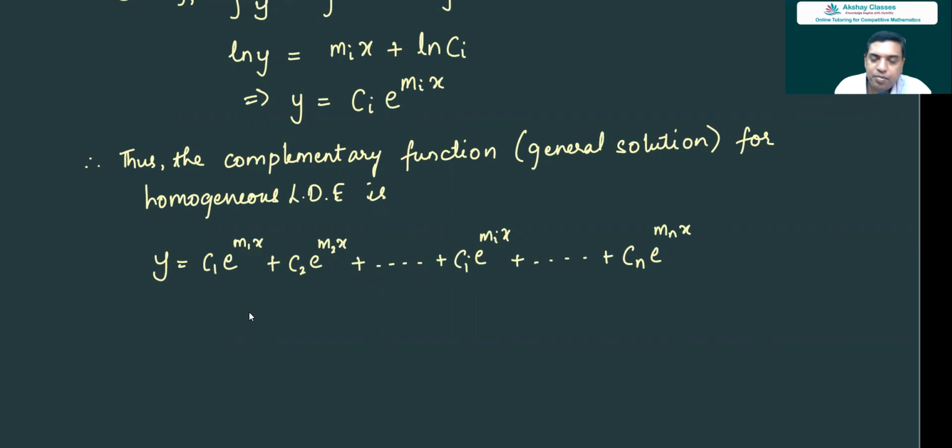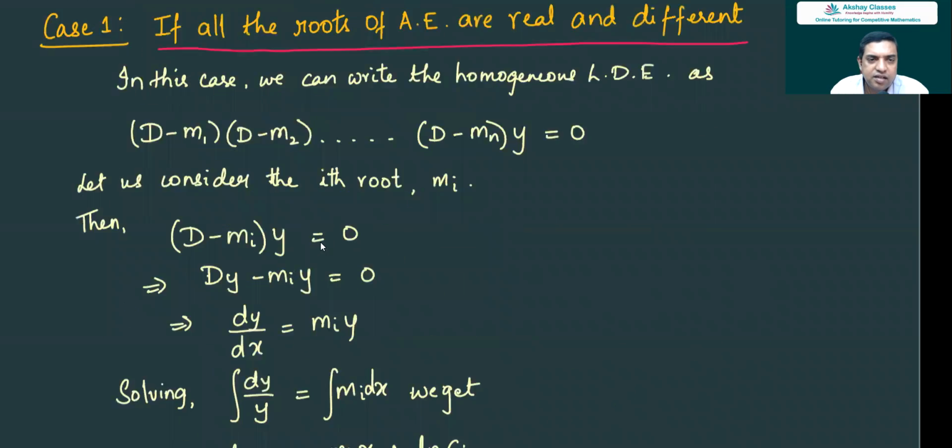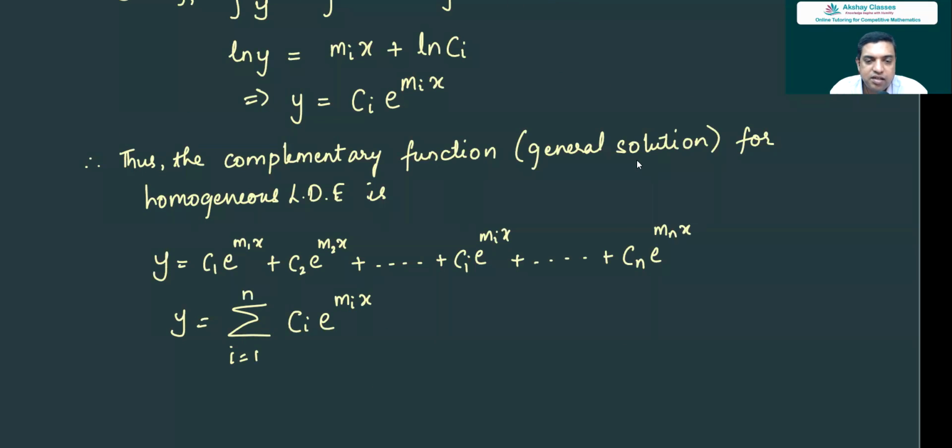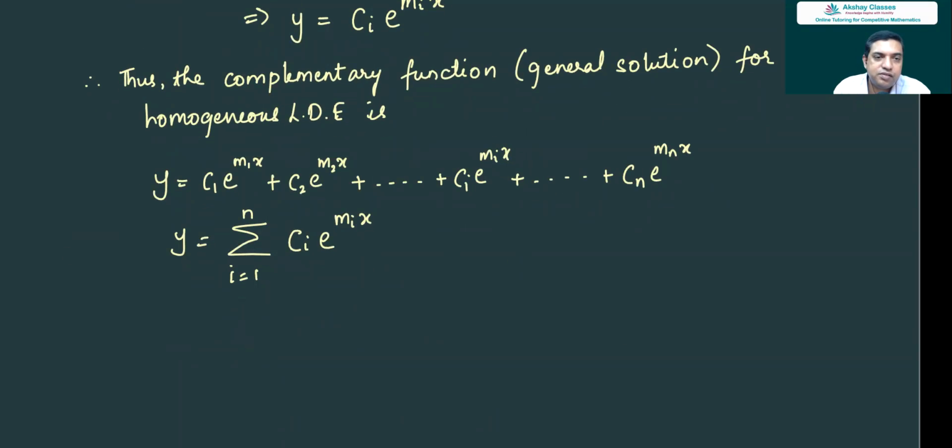This is the complementary function. It is very simple. You can simply write this as the summation of i equal to 1 to n of ci e^(mi x). This is when the roots are real and different. So this is the complementary function. Very important result.